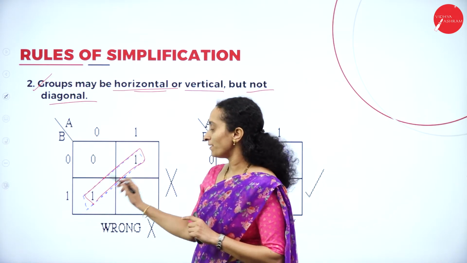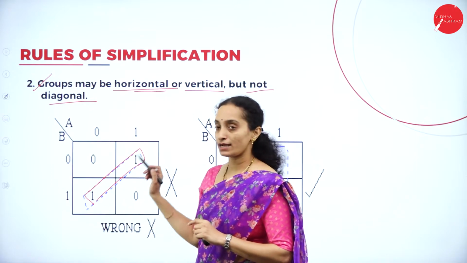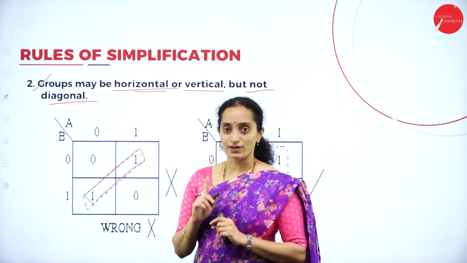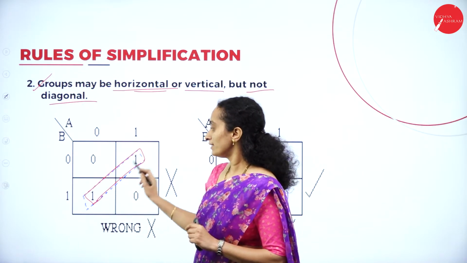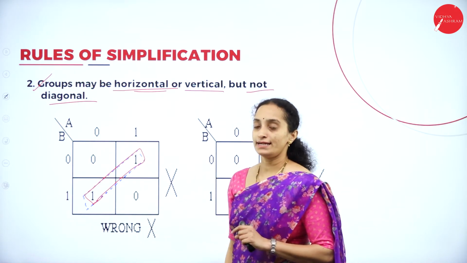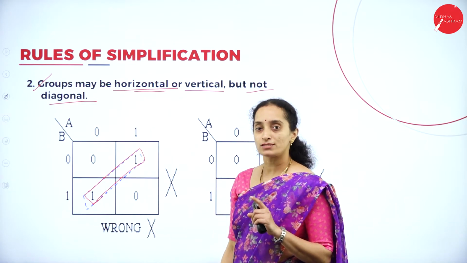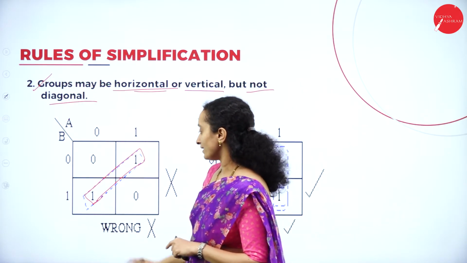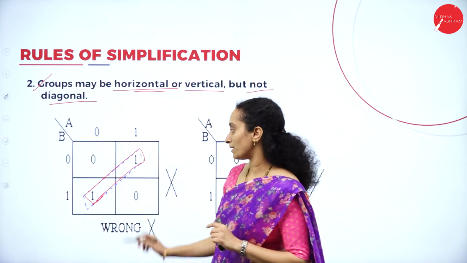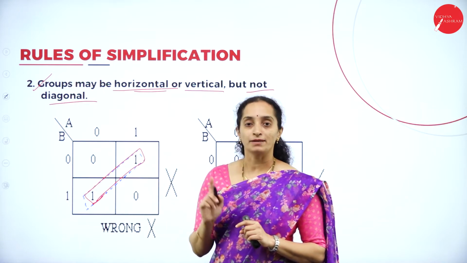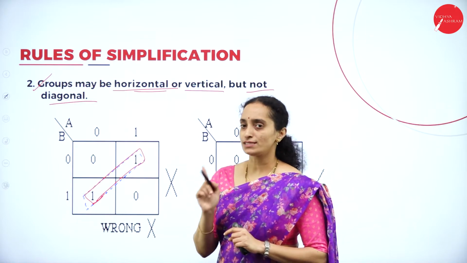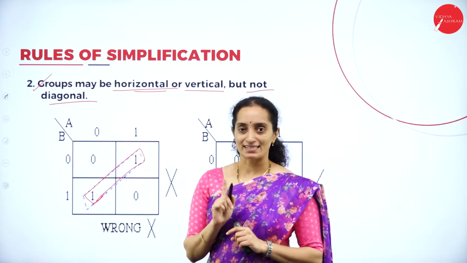If you look at this map, the ones are present in the diagonal direction. Now, if you follow the first rule, these two must be grouped. But simplification in this method is not possible. Why not possible? I'll tell you later. This way, the diagonal grouping of the ones is not possible. If you have a table like this, that means we cannot further simplify the algebraic expression. You must keep the algebraic expression as it is.